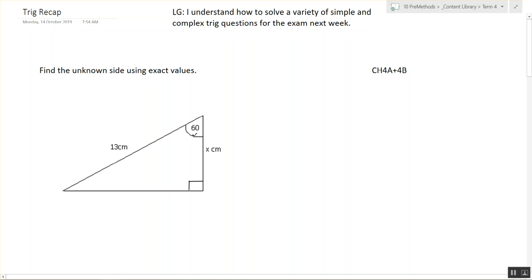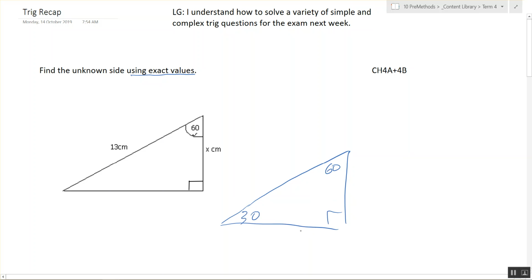Alright, so any thoughts where we start with this one? How did you know it was special triangles? Exact values, remember the... Alright, so, yes, which triangle? 60-30. What's the sides?